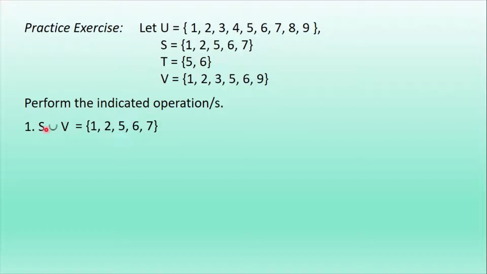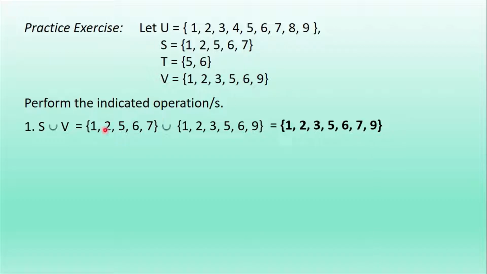And then write the operation, which is the union, and then write also the elements of V. And then combining all these elements, taking their common elements only once, and then write all the remaining elements, we'll come up with 1, 2, 3, 5, 6, 7, and 9.